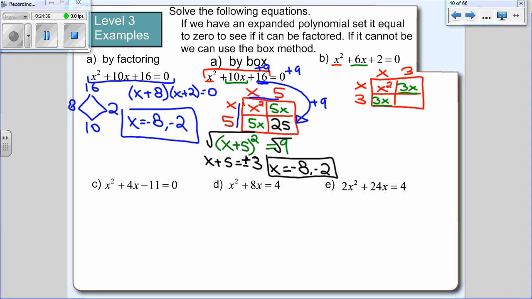And this one says 3 times 3 would be 9. Step 1 was make your box and fill out your box. We've done that. Does anyone have any questions about how we filled that out, where those numbers are coming from? The diagonals add to become the middle. The first box comes from the first term. The fourth one is just the result of your binomial.